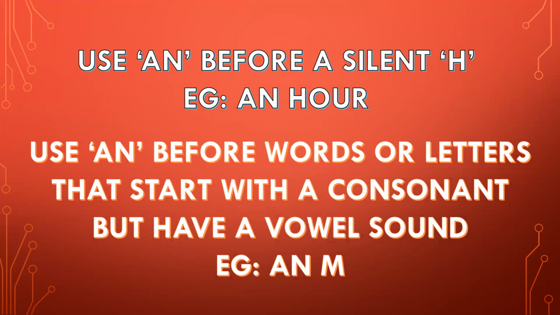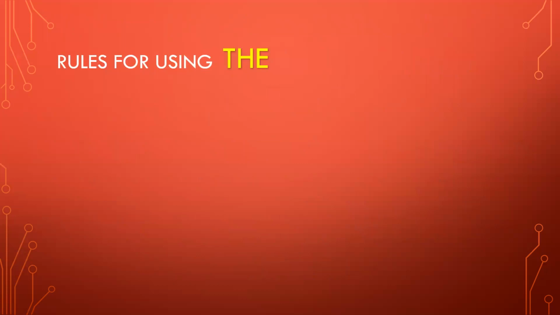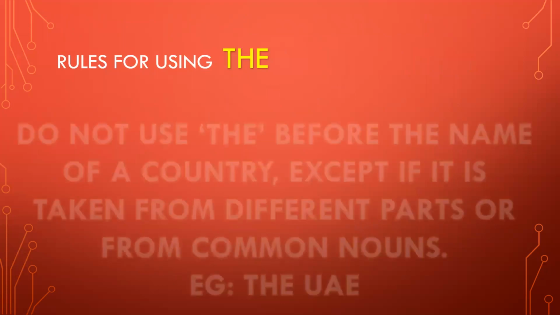This letter M, it's an M because the sound is eh, M. The sound of eh, which is a vowel sound, and hence you have to say an M, not a M.